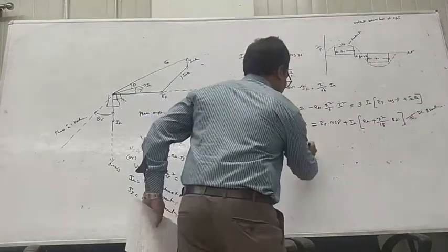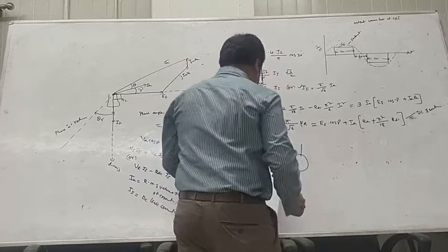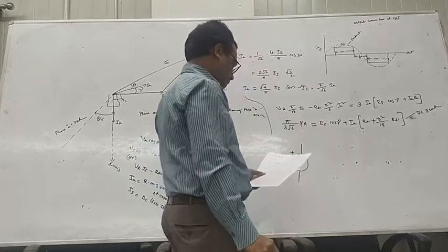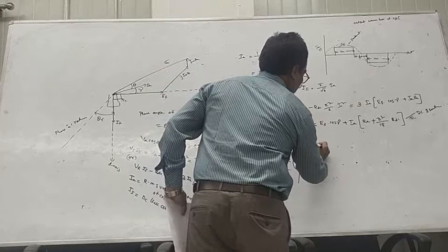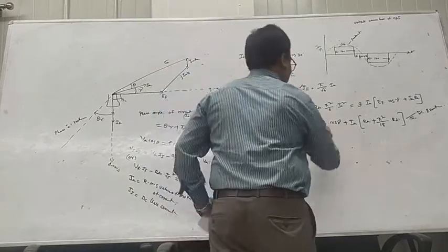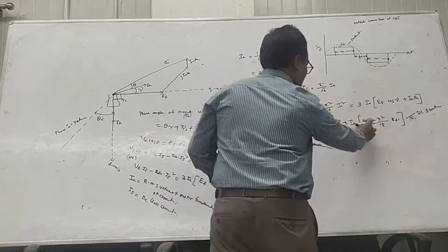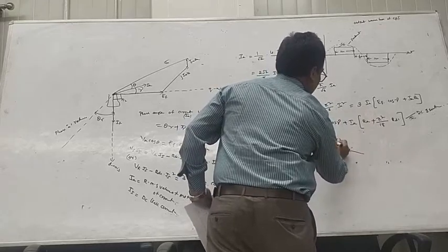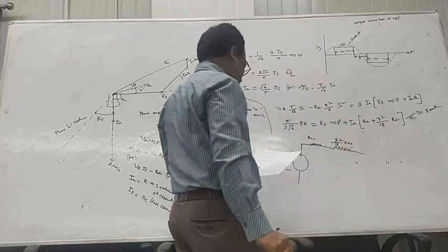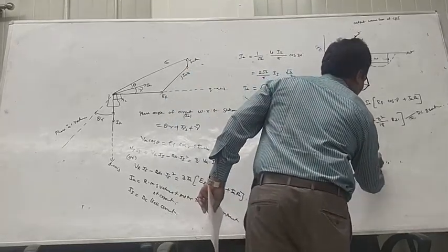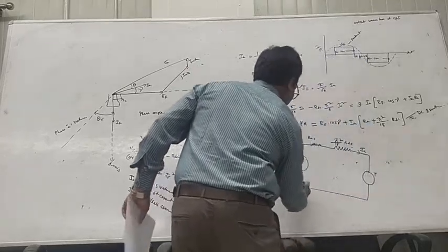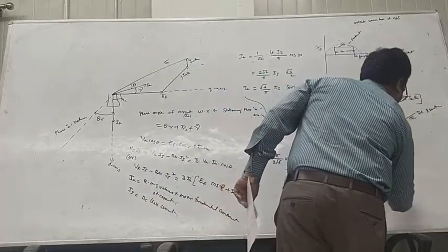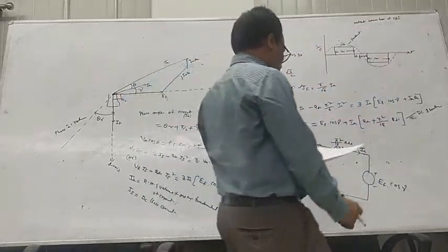So the DC equivalent circuit has a voltage source, plus and minus, of pi by 3 into root 6 VR, and a resistance RA plus pi square by 18 into RDC, and the current is IA, and again a voltage source, plus and minus, of EF into cos gamma.